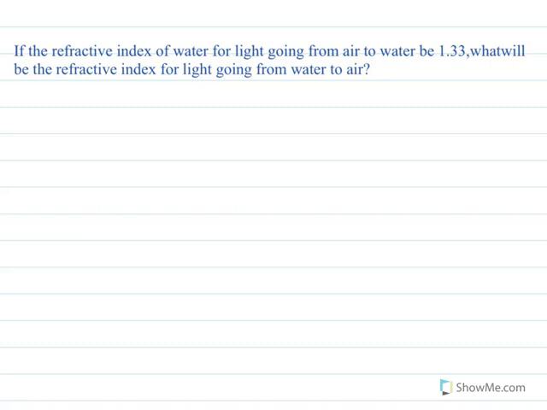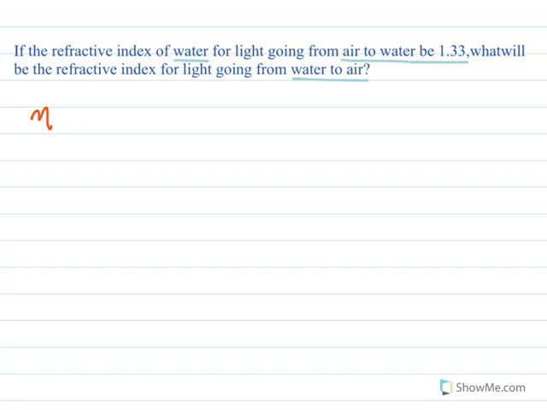The refractive index of water for light going from air to water is 1.33. What will be the refractive index of light going from water to air? So here they have given you a refractive index of water.